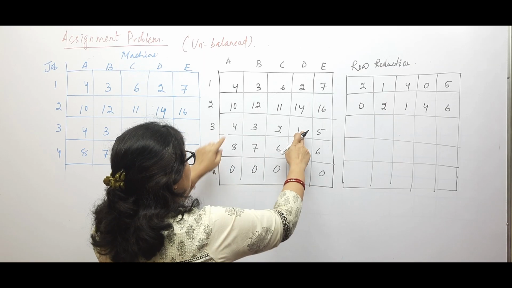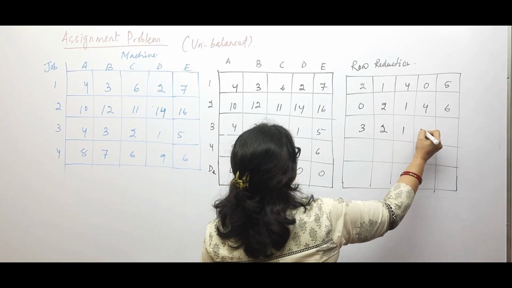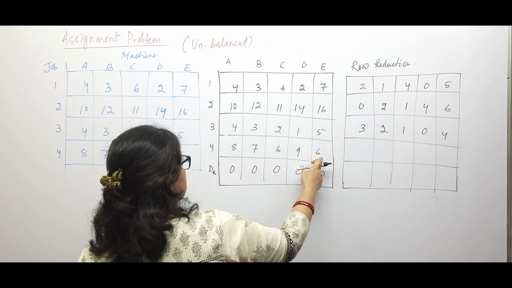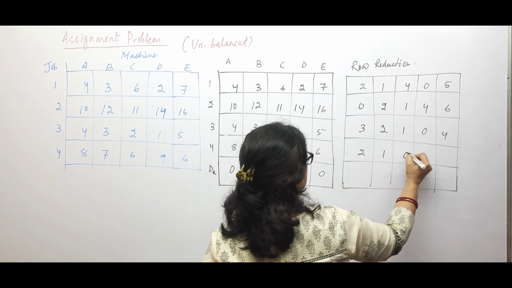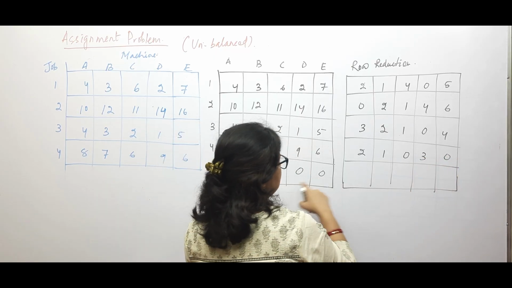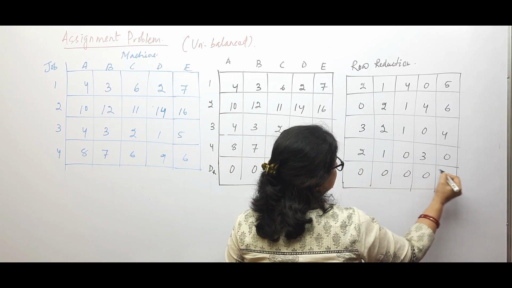For the third row, it is 1, so we get 3, 2, 1, 0, 4. For the fourth row, it is 6, so we get 2, 1, 0, 3, 0. And here in the dummy row there will be no change as all the cells have the value 0.